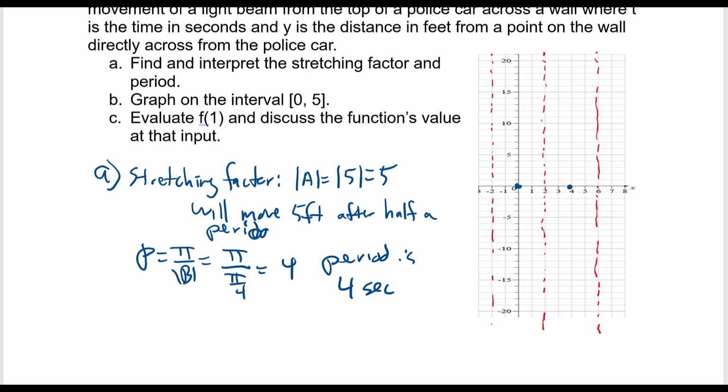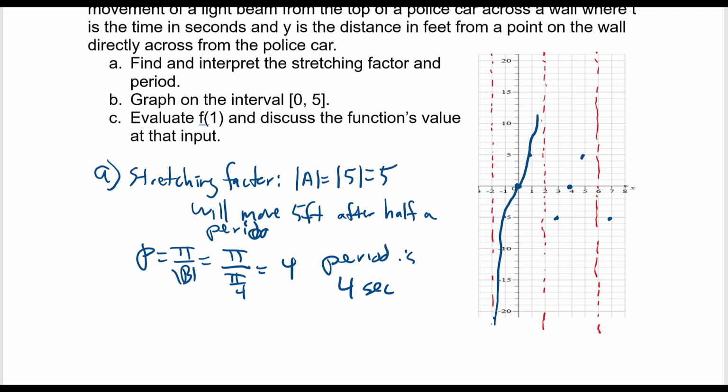Between that crossing point and the asymptote, that's where it would normally be 1, but this one is stretched by 5. Same thing here, so this one would be down here. Okay, so we have a graph like so.